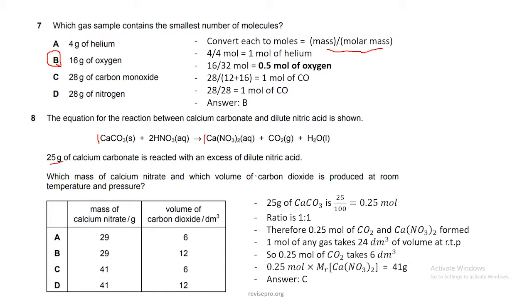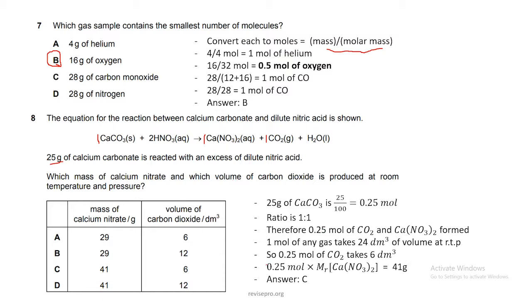And this is the same case for carbon dioxide, 1 mole. So if 0.25 moles of calcium carbonate reacts, that means 0.25 moles of CO2 is formed, and also 0.25 moles of Ca(NO3)2 is formed.